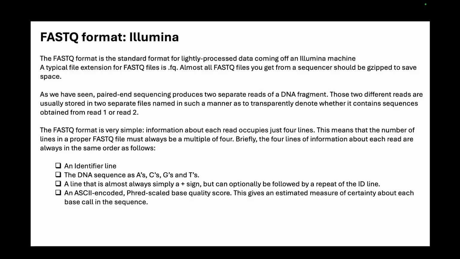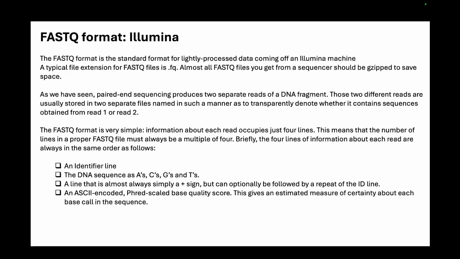So if you are reading R1 in the 5' to 3' direction, in the first line of your FASTQ file you have a stretch of 100 base pairs, say, and you're reading from 5' to 3'. So in the first FASTQ file, you'll have this sequence. In the second FASTQ file, in the first line, in the same position, you'll have the sequence that you have read from the opposite direction.